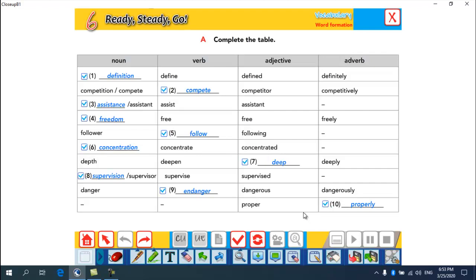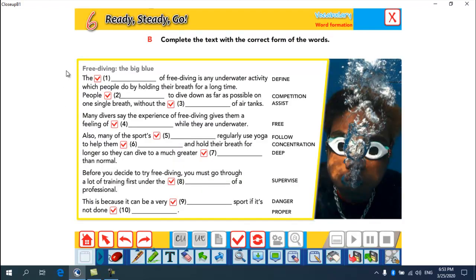So have a look at that box again, because we're going to use it in our next exercises. Let's move to exercise B. Complete the text with the correct form of the words from the upper box. Okay, let's see. Free diving, the big blue.